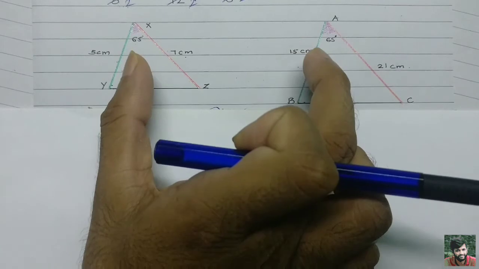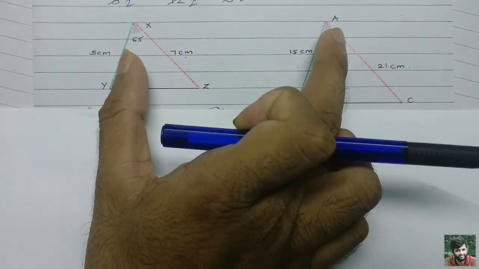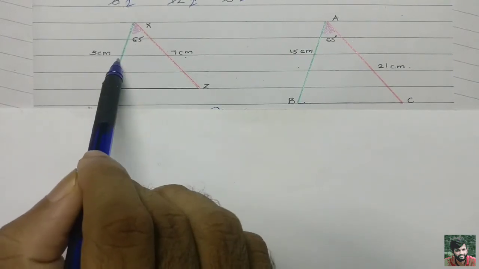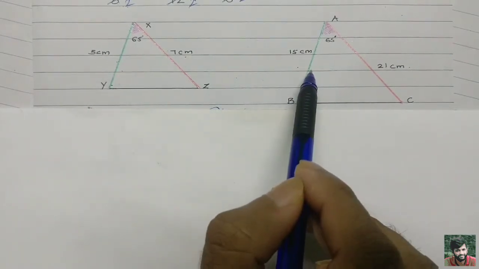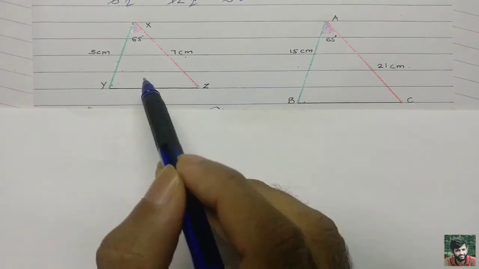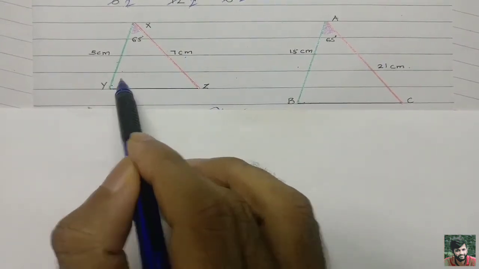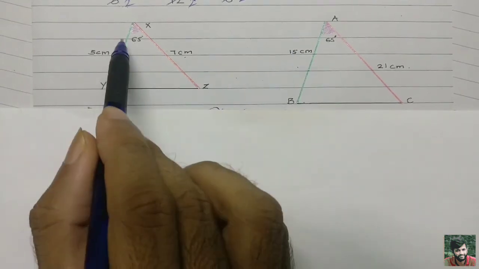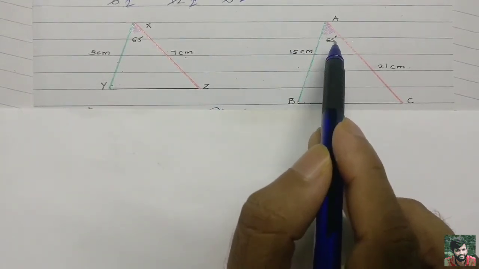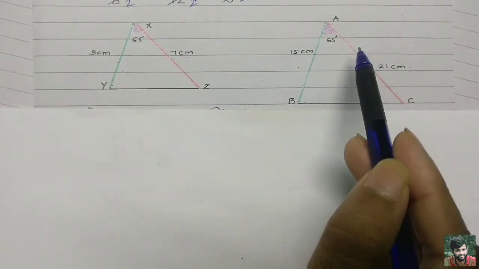Again, the ratio of two sides is equal to the ratio of another two sides, and the angle contained in them is equal. I'm not talking about this side and this side ratio being equal to this and this side, and then saying that some other angle is equal to this one. The angle is contained in those two sides which are in the ratio.